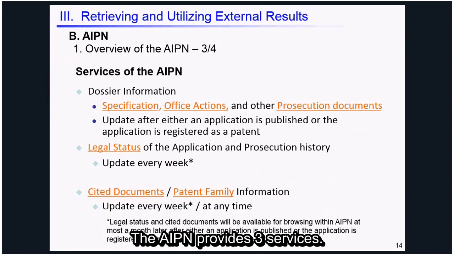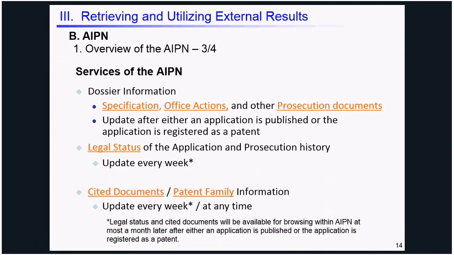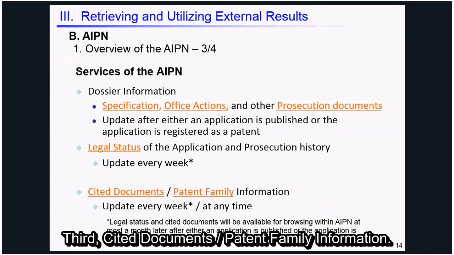The AIPN provides three services. First, dossier information including specification of application, office actions, and other prosecution documents. Second, the current legal status of the application and the prosecution history. Third, cited documents and patent family information.